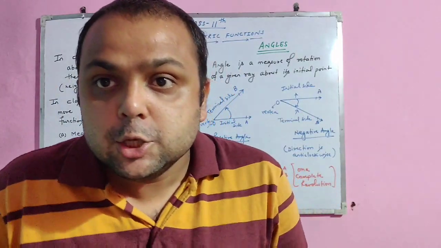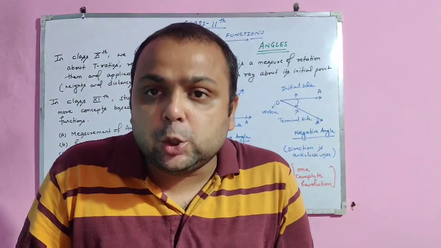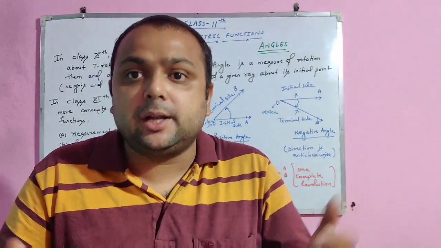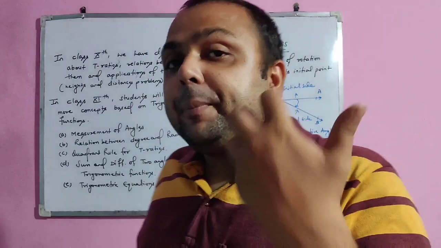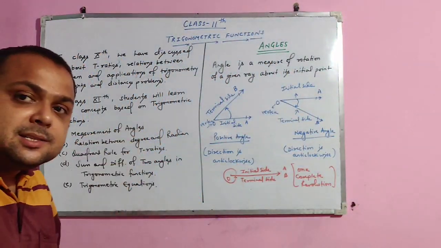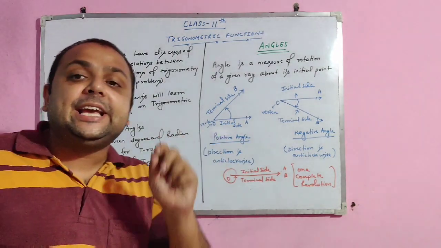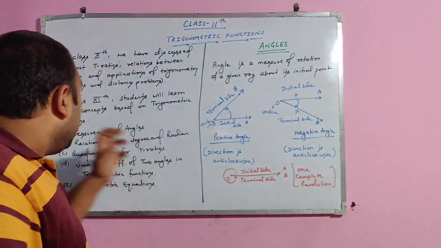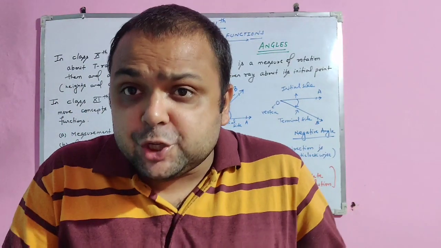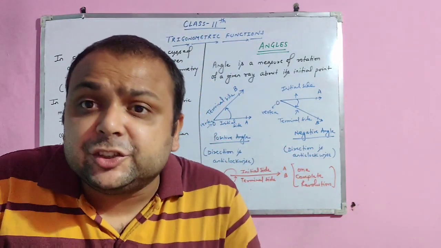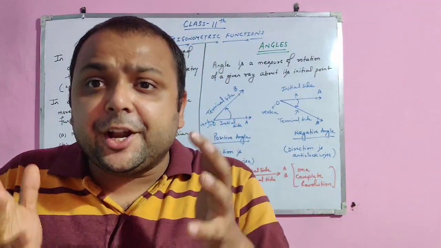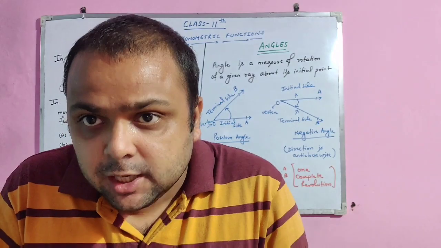The topics that we are going to discuss are measurement of angles, relation between degree and radian, some important quadrant rule for trigonometric ratios, trigonometric function as sum and difference of the angles, then trigonometric equations.